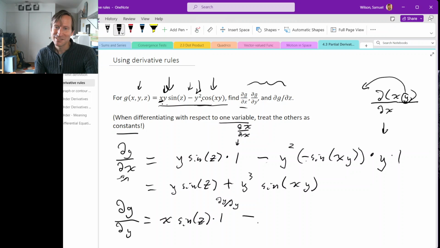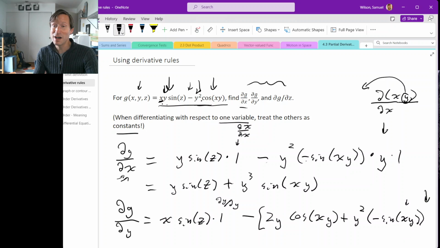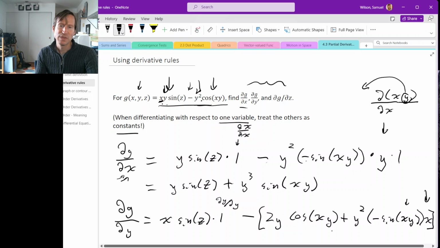So use the product rule: the derivative of y squared is 2y times the cosine part with no derivative, so cosine xy, plus the y squared part with no derivative times the derivative of the cosine part, so that's going to be minus sine xy. And then again, we need to multiply by the derivative of the inside, but the derivative of xy with respect to y is x. Okay. And then, we could multiply this out and simplify it. Let's not do that.